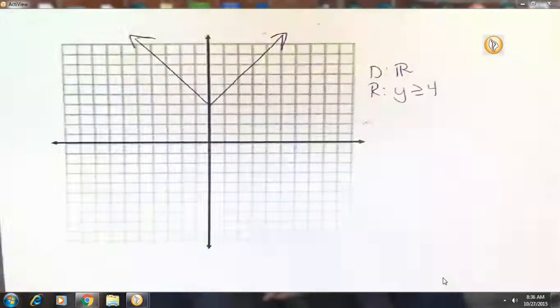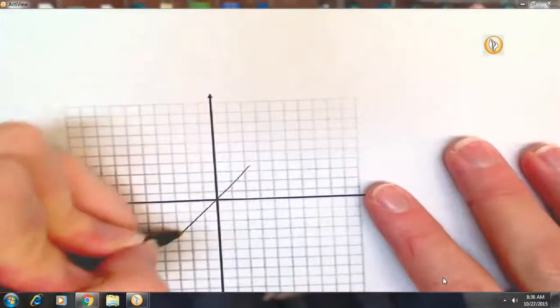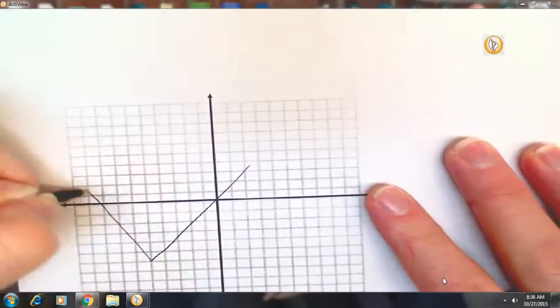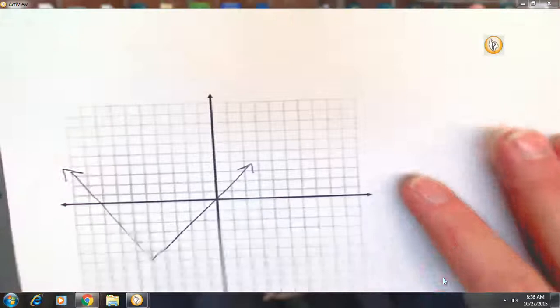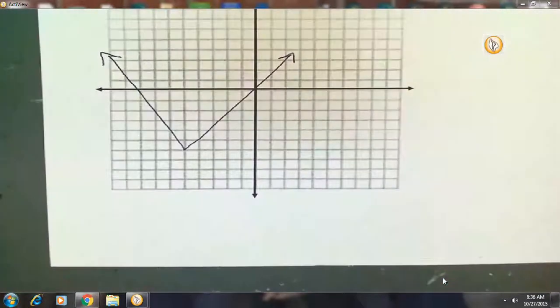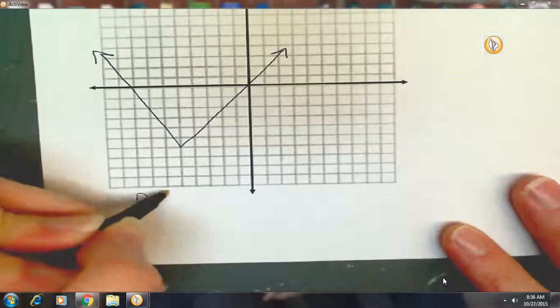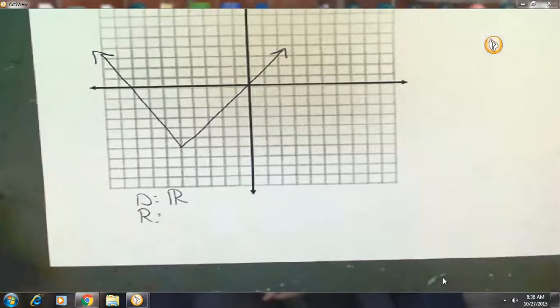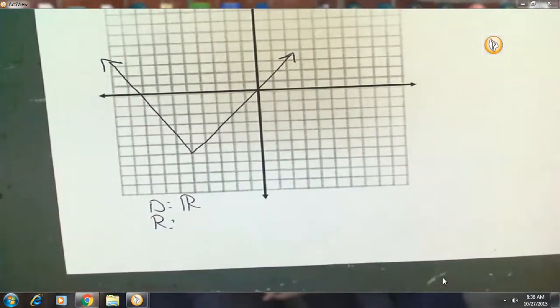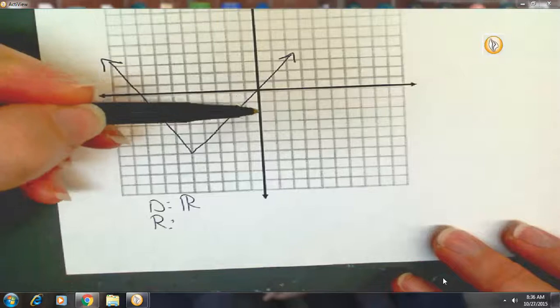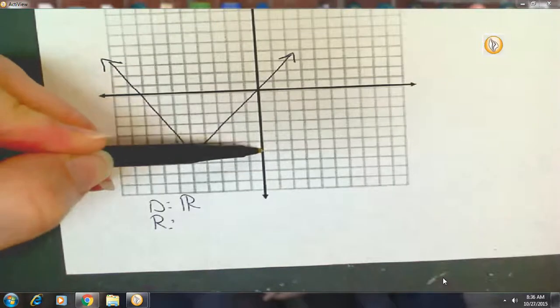What if our graph was right here? What's our domain here? Domain is our real numbers. The range? Negative 7, you said?